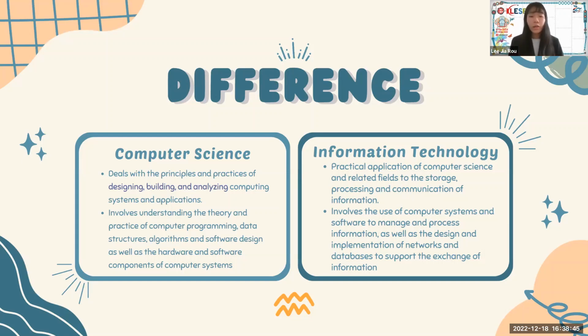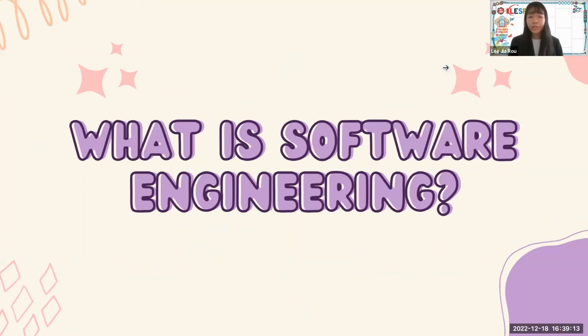In general, computer science is more focused on the underlying principles of how computer systems work and how to design and build new systems, while information technology is more focused on the practical application of computer systems to solve real-world problems.